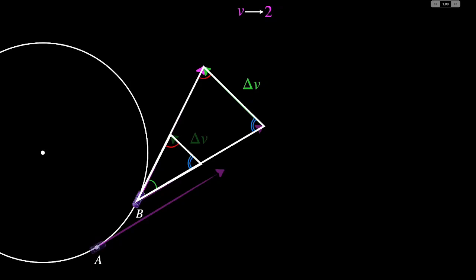But we know this side of the big triangle, which is the new velocity vector, is twice as big as before. Therefore, all the other sides of the big triangle must also be twice as big as before. Therefore, this side, which represents the new change in the velocity, should also be twice as big as before. So yeah, indeed, the change in velocity has also doubled.